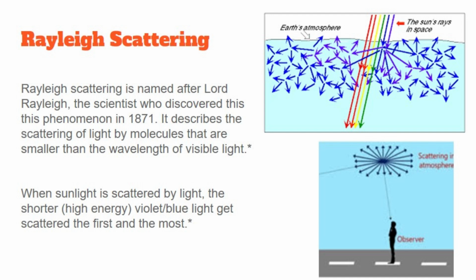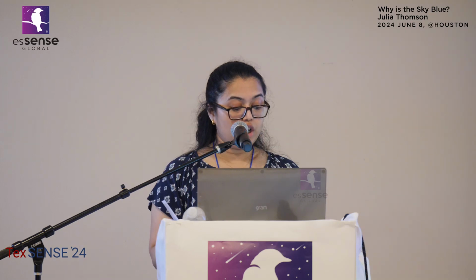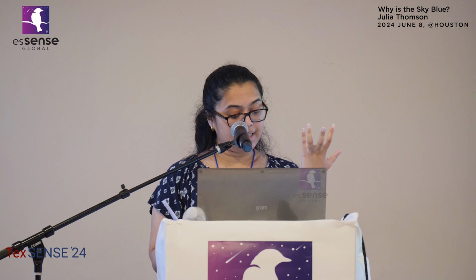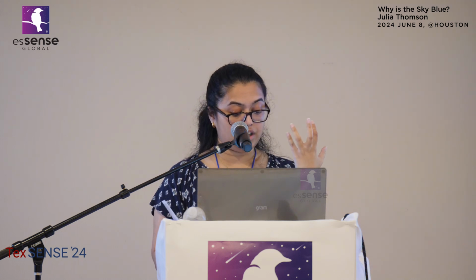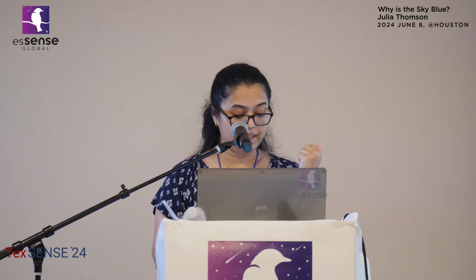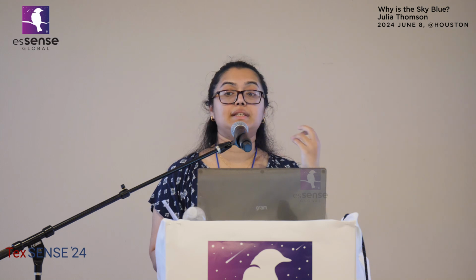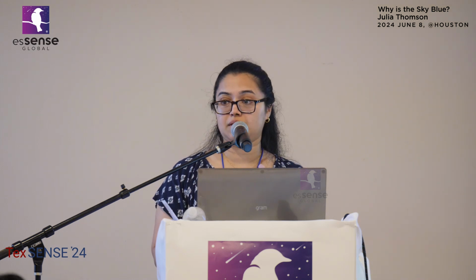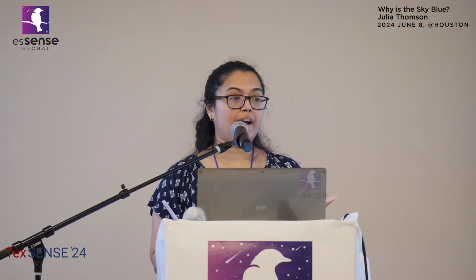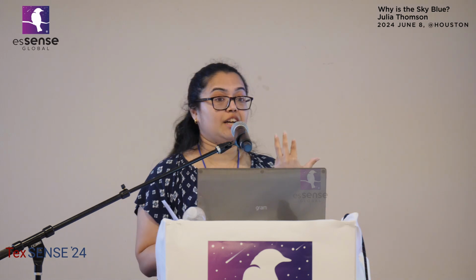When sunlight is scattered by the gas molecules, the shorter, high energy violet and blue light gets scattered first and the most. It is thought that violet light scatters too fast for our eyes, and our eyes are not as sensitive to seeing the violet light. So most of the time we see the scattering blue light. This is why we see the sky to appear blue.